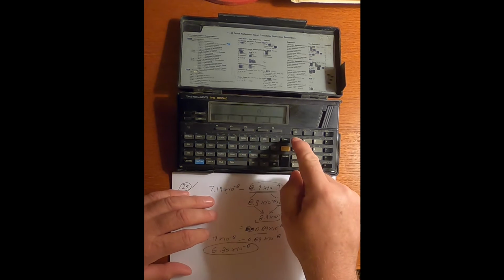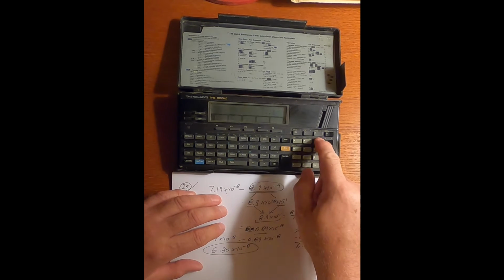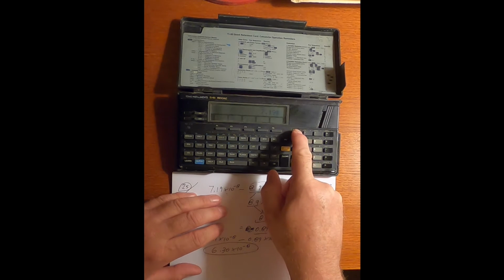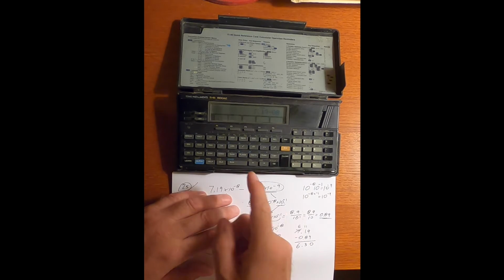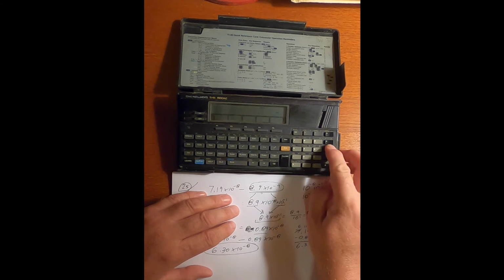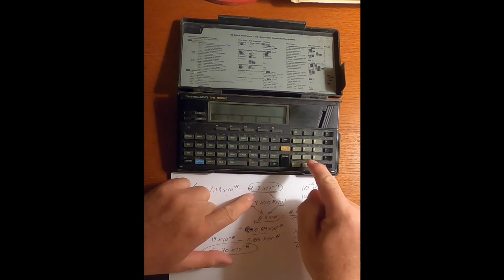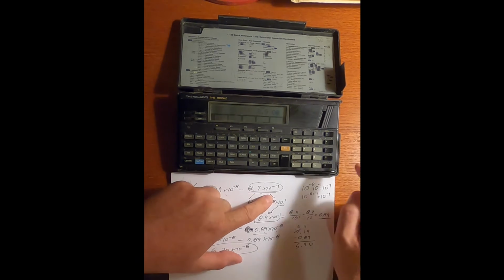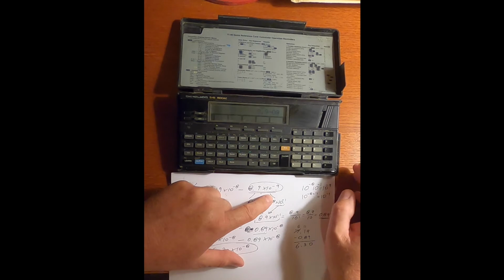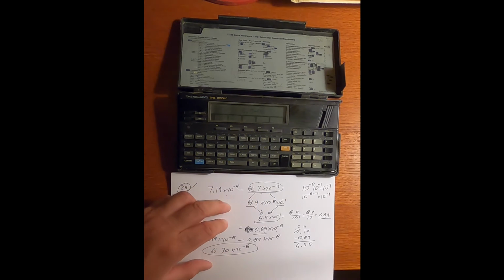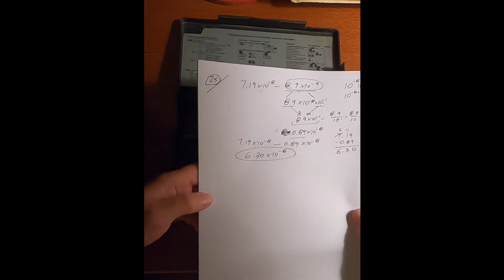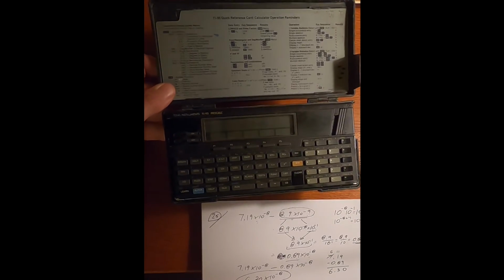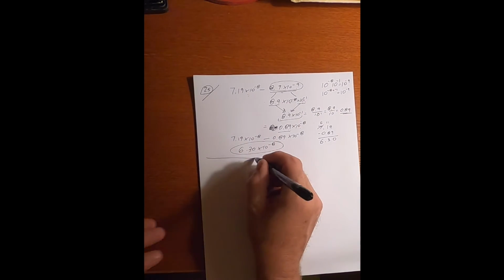Let's start: 7.19, I press the E button and put in the exponent, minus 8, minus 8.9, E button, minus 9, and I get 6.3 times 10 to the minus 8. You see, it lines up. This is a great way of checking your answers. So that's problem 25.